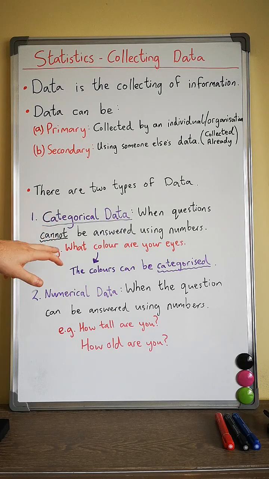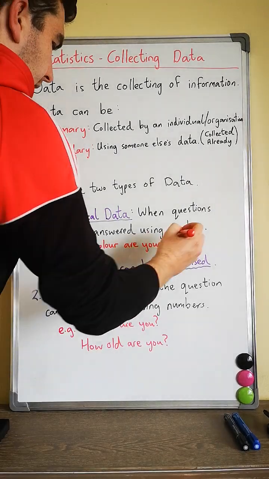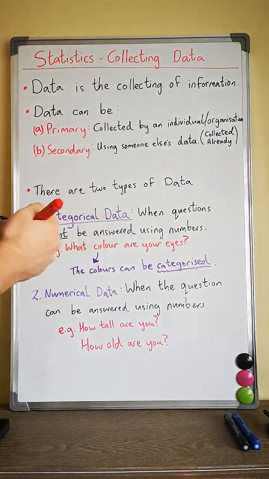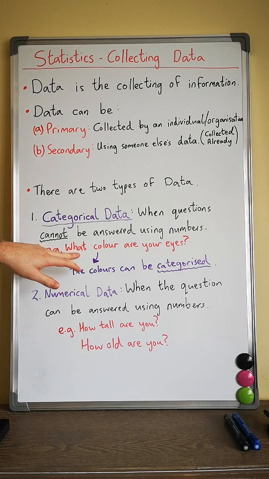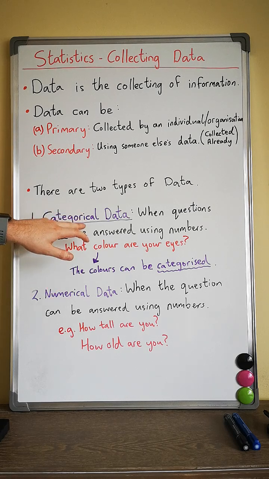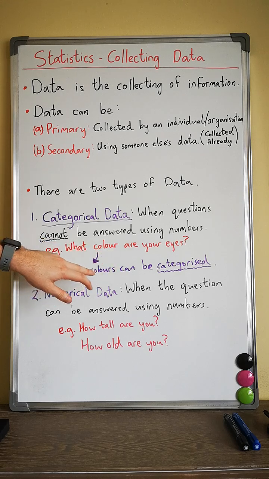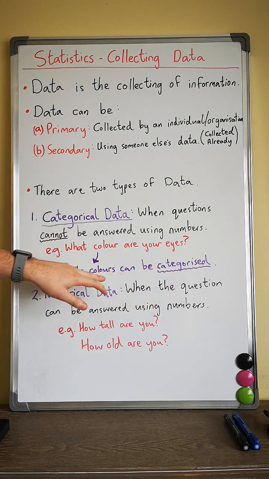But say for example, I ask you, what color are your eyes? You can't use a number, so you can't say my eyes are 7. You can say your eyes are blue, brown, green. When you answer a question using words rather than numbers, it's categorical. You can categorize colors.